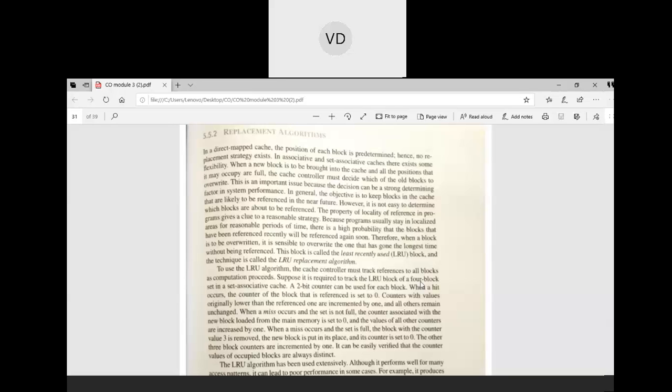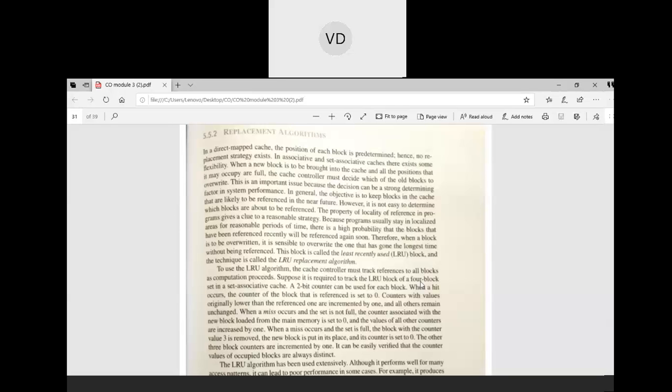Let me take an example now. If you have paper and pen, you can write down as I am saying. There are 4 blocks: block number 0, 1, 2 and 3. Block number 0 is used one time. Block number 1 is used 2 times.